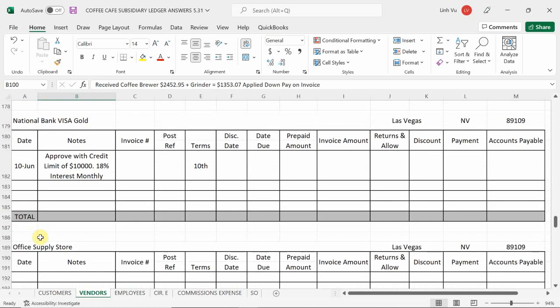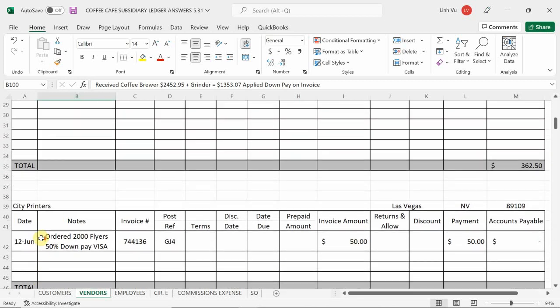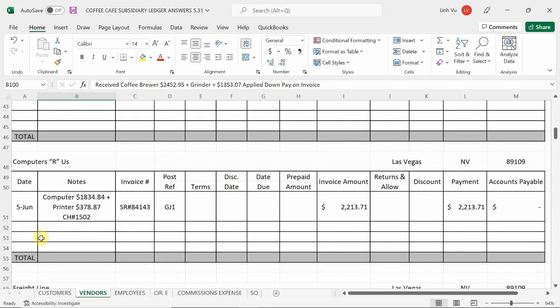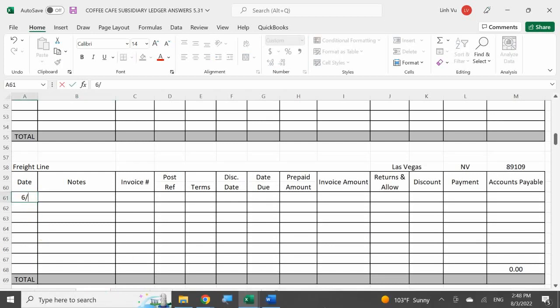So in this case, this is Freightline. So F, that's City Printers. We got Computers R Us, Freightline right here. 612.